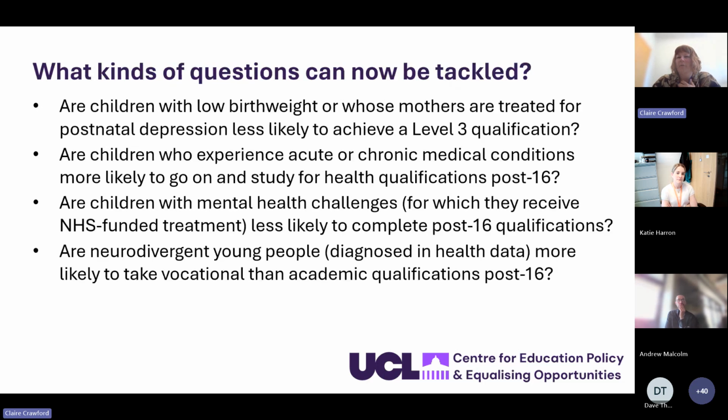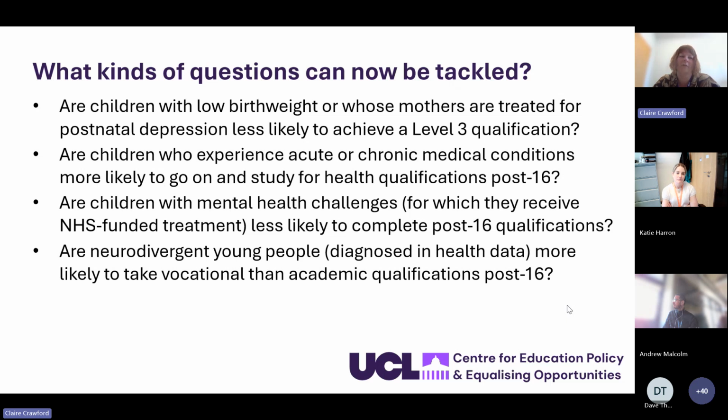So that's going to be really helpful being brought into ECHILD to answer a bunch of questions. I've listed a few potential examples here, which try to draw on the fantastic information that's available in ECHILD on the health side, and link that more concretely to how you could use it in parallel with this ILR data to answer some more specific research questions. For example, perhaps you might be interested in children who are born with low birth weight or whose mothers have particular characteristics.